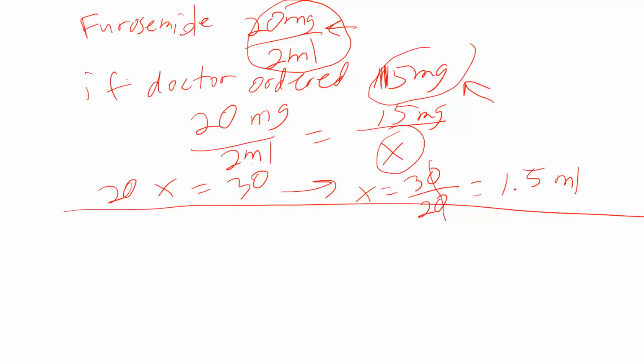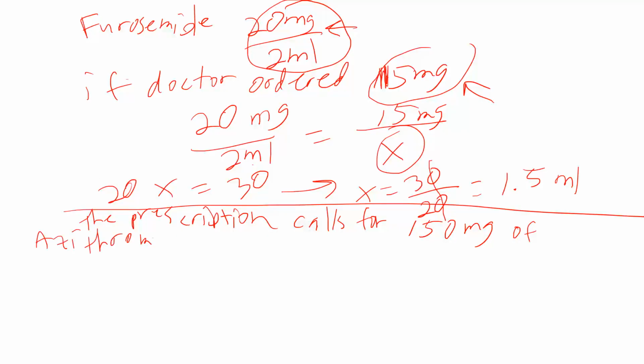Okay, now let's do a couple more. The prescription calls for 150 milligrams of azithromycin on day 1, then 75 milligrams on days 2 through 4.